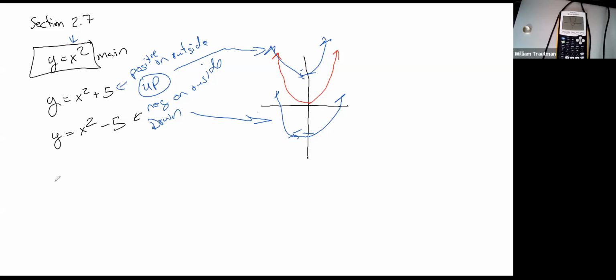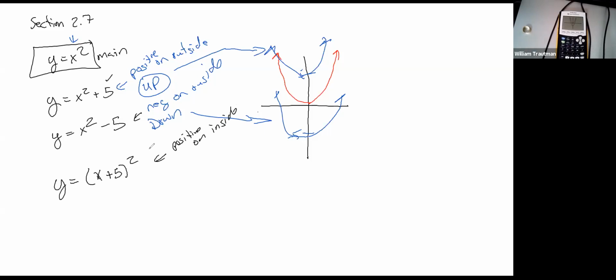Next, I'm going to do y equals x squared, but I'm going to put a plus 5 on the inside, a positive number added on the inside. Do you see? Before, it was on the outside of the x squared. Now I'm putting a plus 5 on the inside of the x squared.